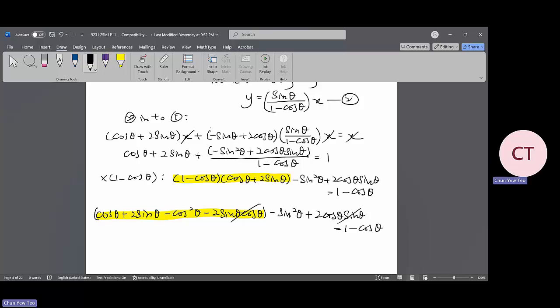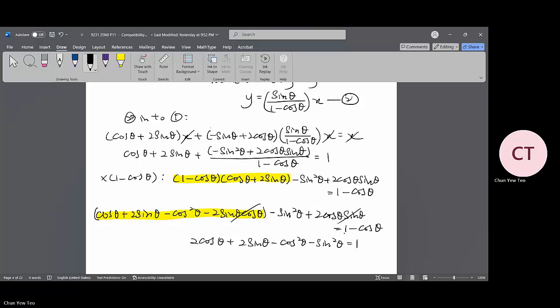And you bring one side to make it become 0. Then you will get 2 cos theta plus 2 sine theta minus cos square minus sine square equals to 1.